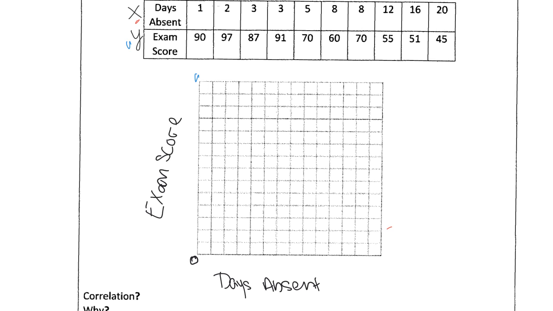So I can't count by ones. I'll count by twos then. 2, 4, and I'll go all the way to 22.